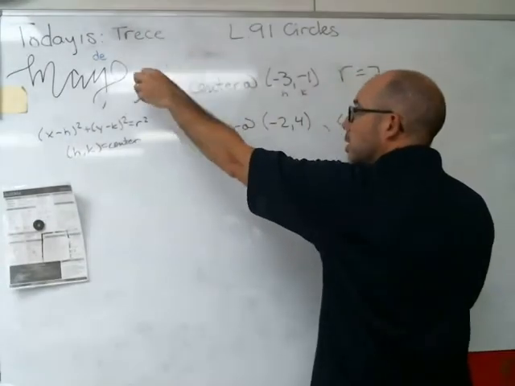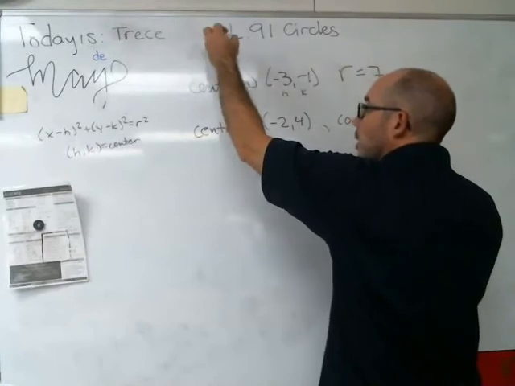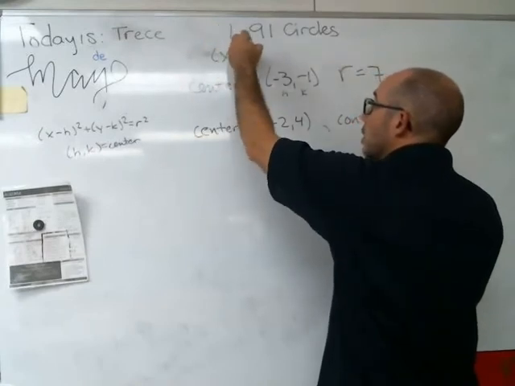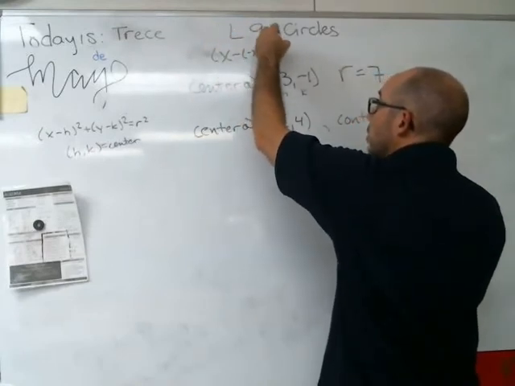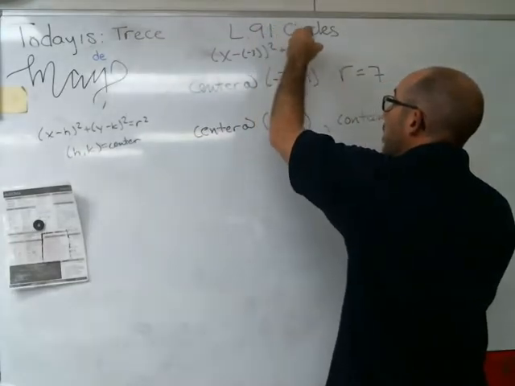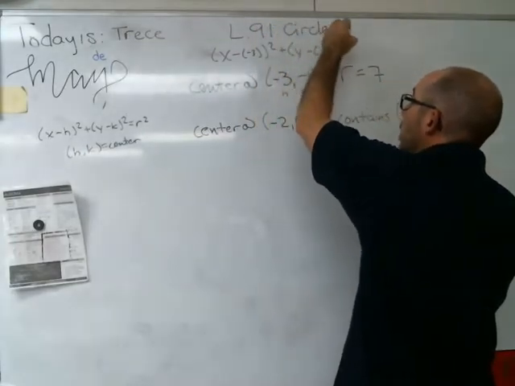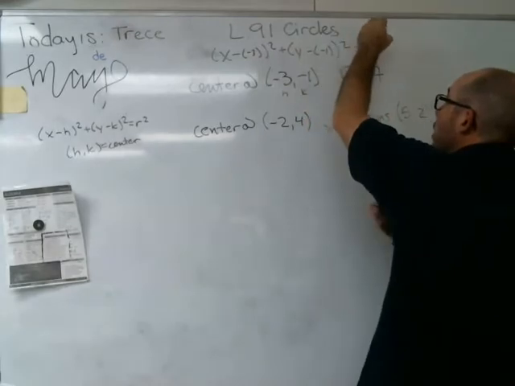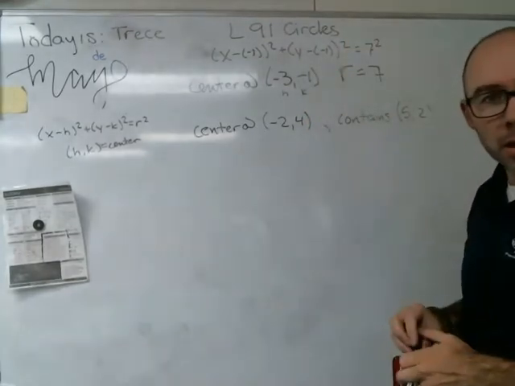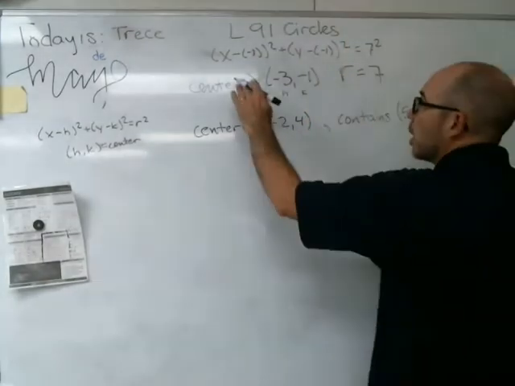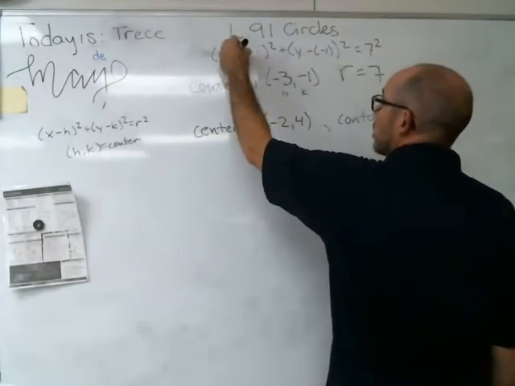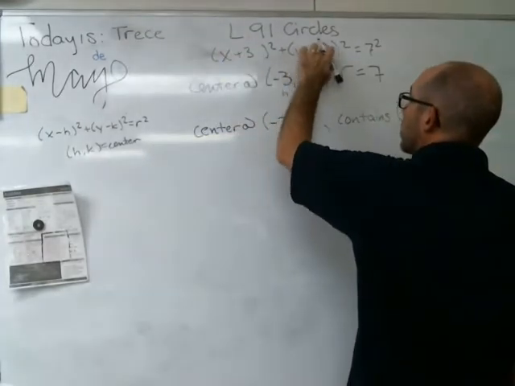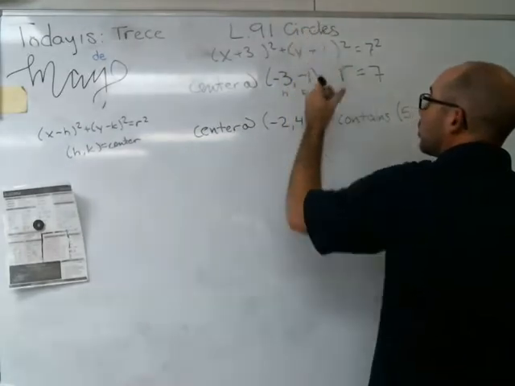So our equation, we're going to have x minus -3 squared plus y minus -1 squared equals 7 squared. Clean that up just a smidge and make this x plus 3 and this one y plus 1.